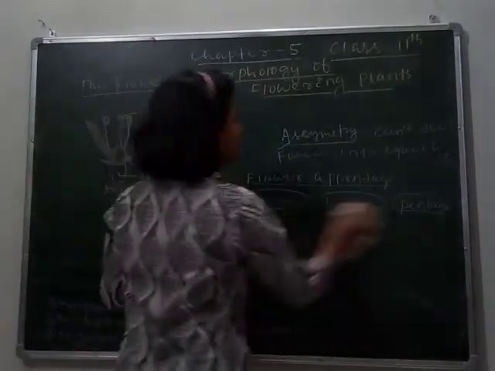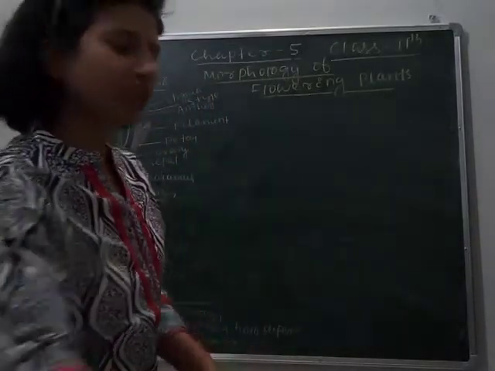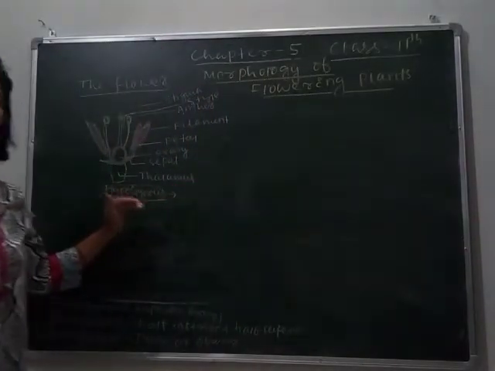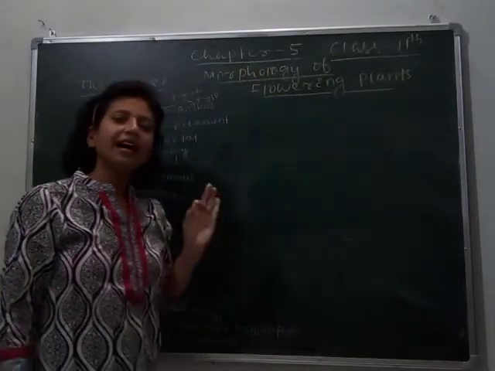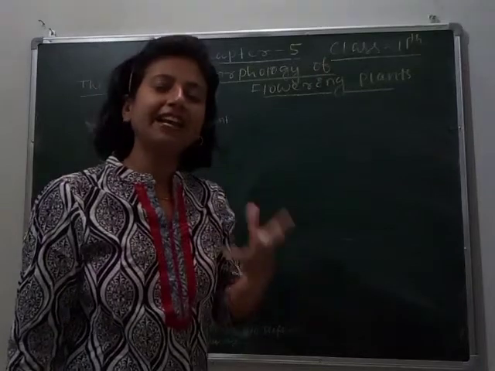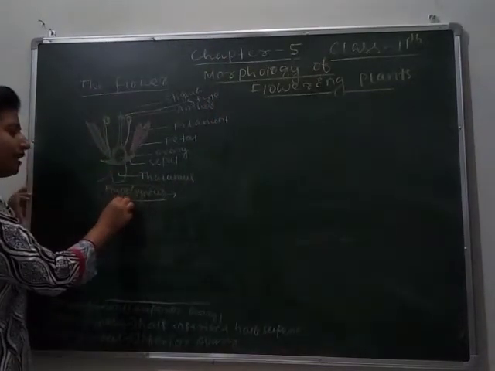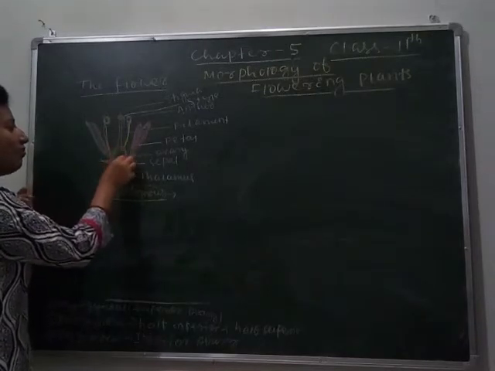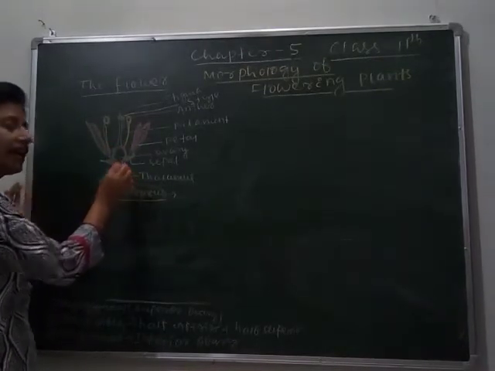So let's see that depending on the position of ovary, the flower is again divided into 3 types. One is hypogynous, another is perigynous, and the next one is epigynous. Here the diagram shows the hypogynous ovary. This is the ovary which is located above the other floral appendages. This is thalamus.